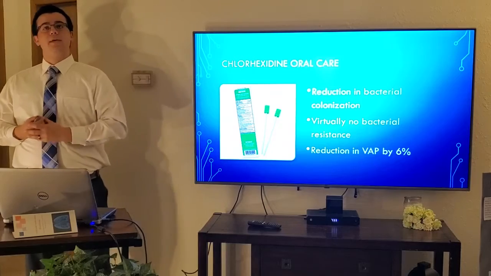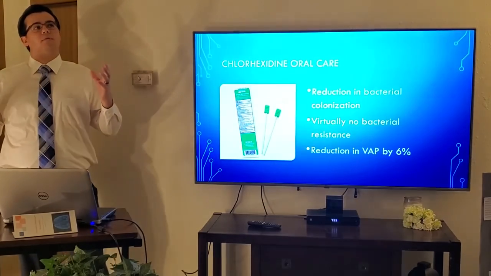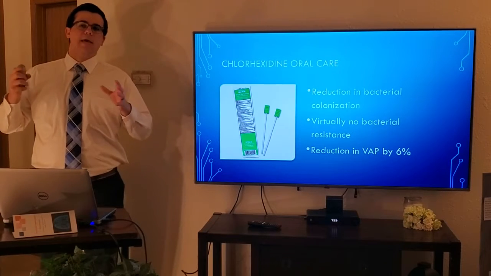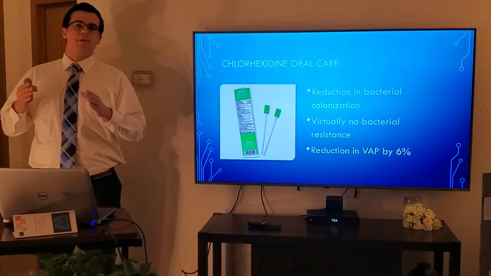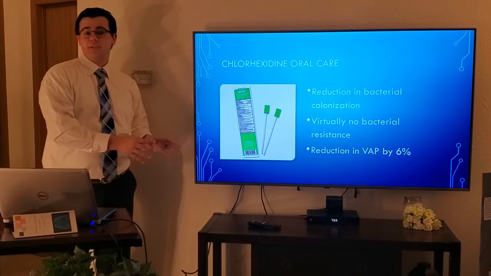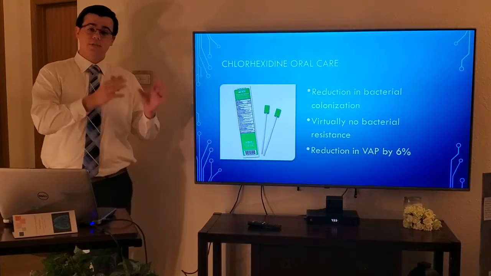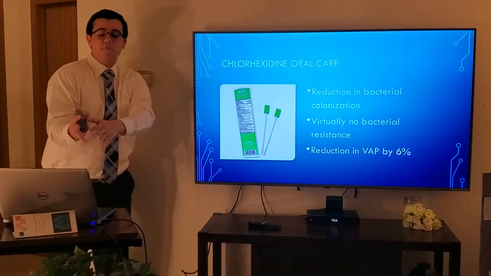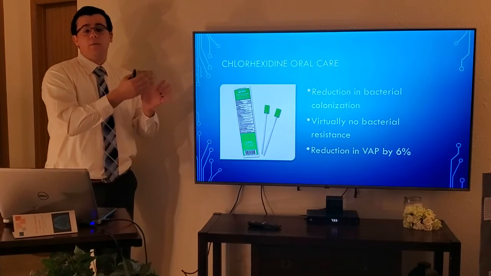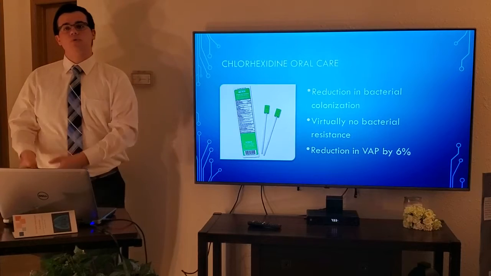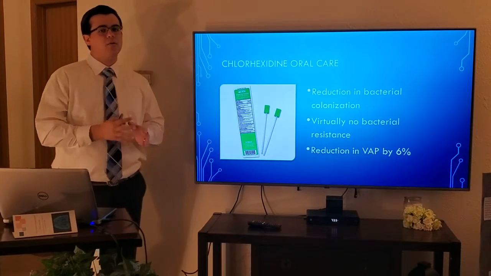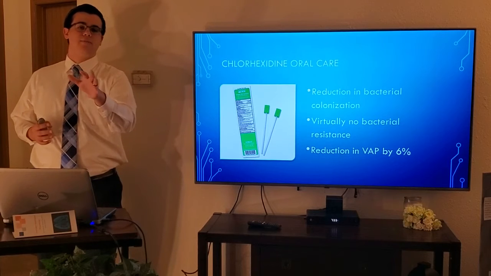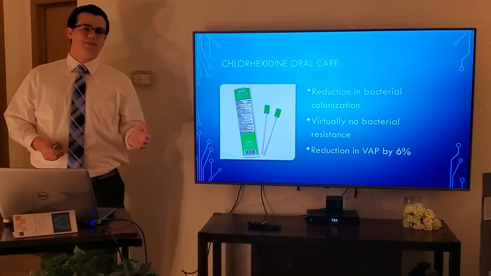Another thing is doctors have theorized that prophylactic antibiotics, in other words, antibiotics used not because there's a present infection, but because one could develop, could fulfill this part of the bundle. Now, the problem with that is too much antibiotic use actually creates antibiotic resistance. That's why in the hospital you have something called resistant infections.